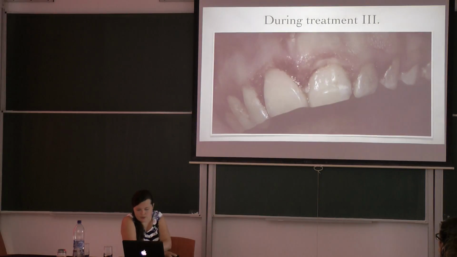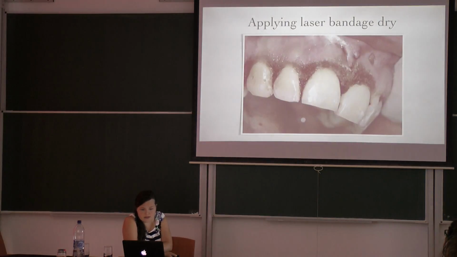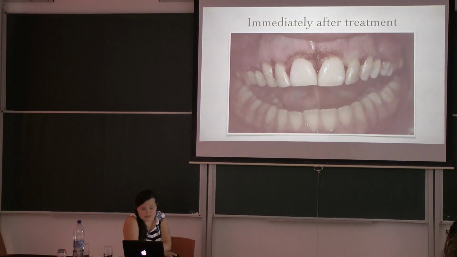It's a disaster. And applying laser bandage so it won't bleed. And this is right immediately after treatment. This much bleeding I would never have if the gingiva were healthy.